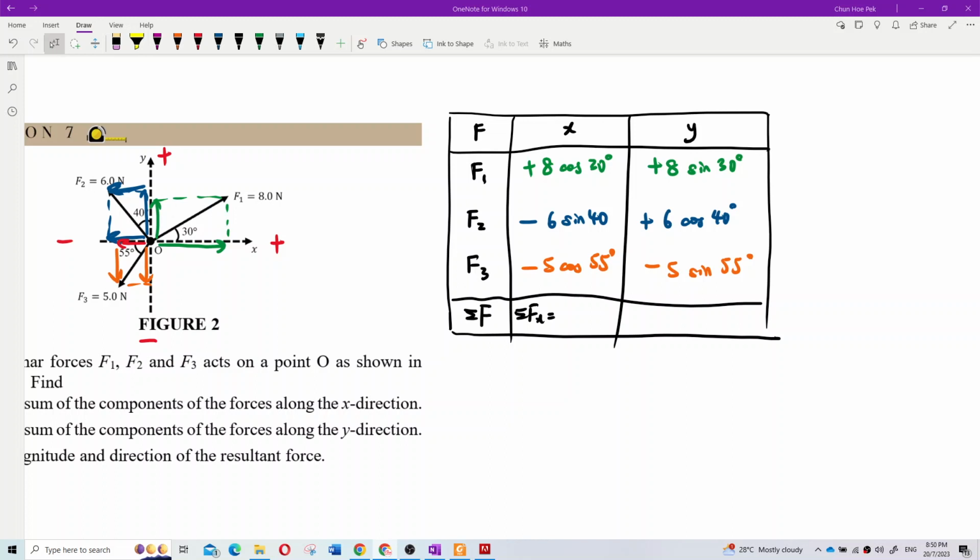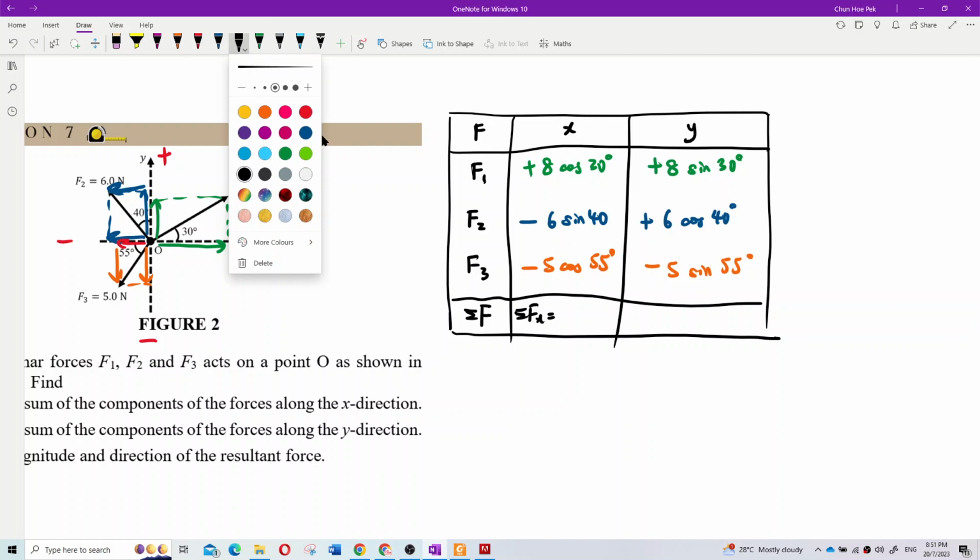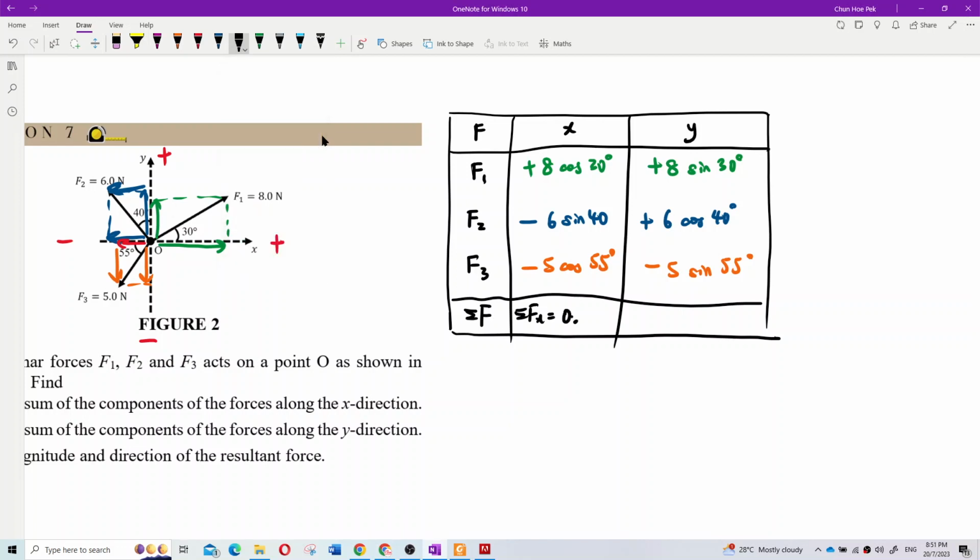What's the value? Or you just tell me. 0.204. 0.20, is it? Or 0.36?